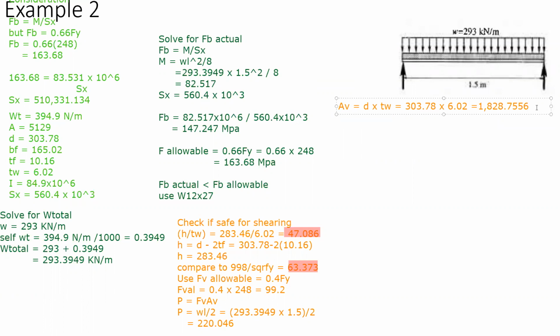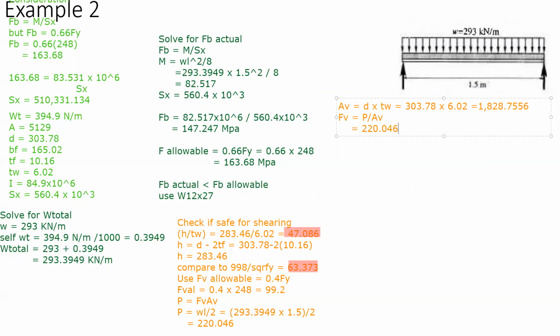And then we could solve for FV actual. So you have FV is simply equal to P over AV. Ang P natin is 220.046 and this is in kilonewton.